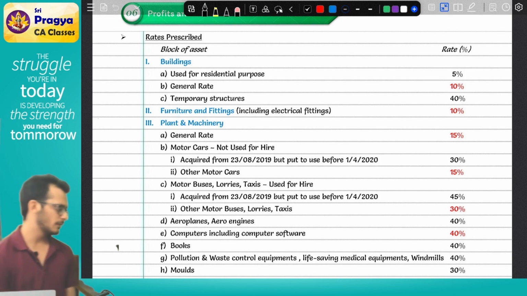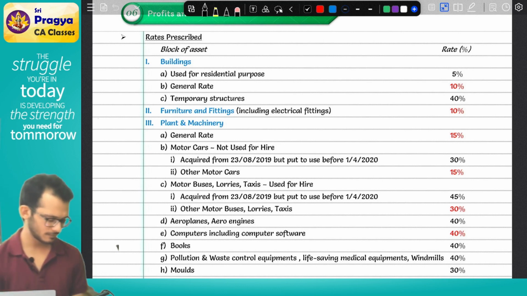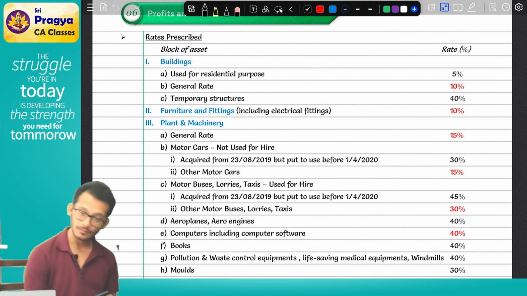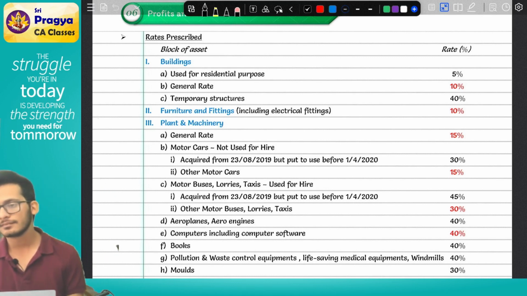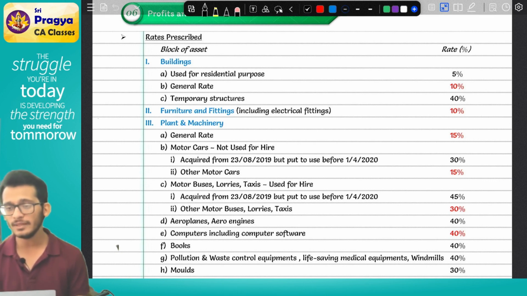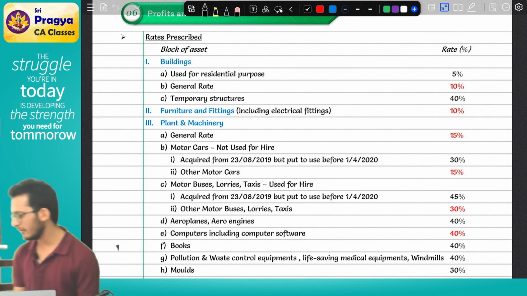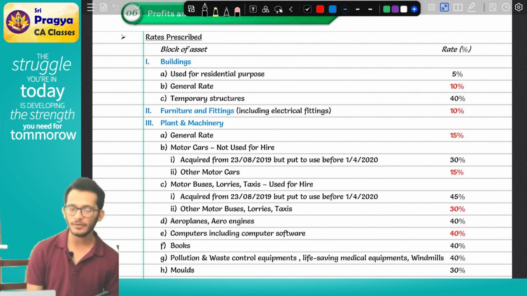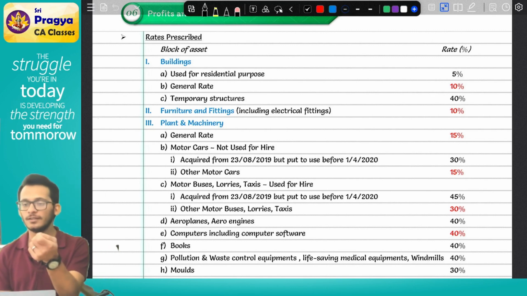What are we talking about the moment we say we have a building for accommodation or residential purpose? Employees maybe? Very good. You're looking at an RFA scenario. What is RFA? Rent-free accommodation.